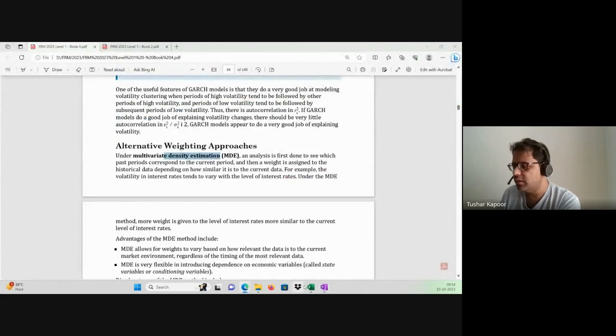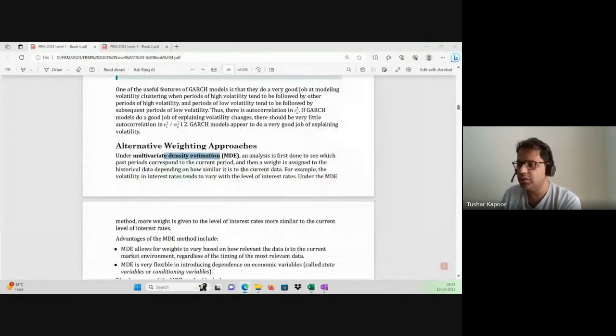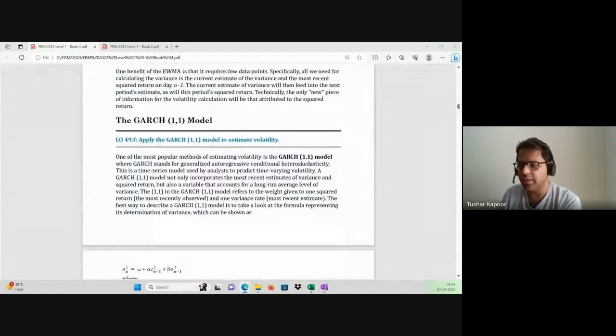And that is where we have given the first item variance equal weight as return squared, saying that 100% of the weight goes towards the return. This is how things work with the EWMA model, which is the exponentially weighted moving average model.